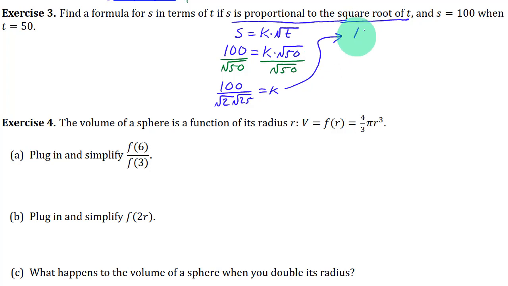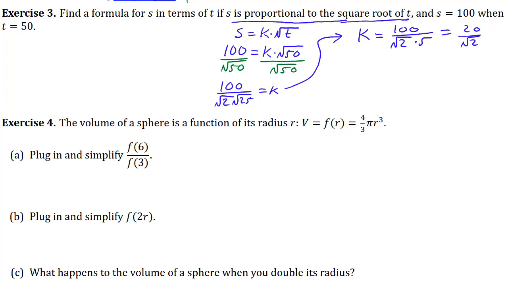So you could write this as 100 over the square root of 2, that's still inside the square root, times 5. And 100 divided by 5 is 20. So you can just write this as 20 over the square root of 2. Or you could get it as a decimal if you want.